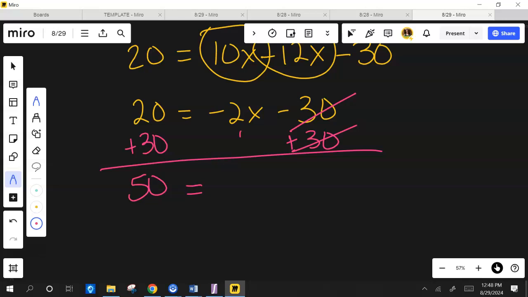That cancels, and the negative 2x. Am I done? No. How do I know I'm not done? I still got to divide. There's still something hooked to the x. I got to have x all by itself. All by myself. Y'all don't know that song?